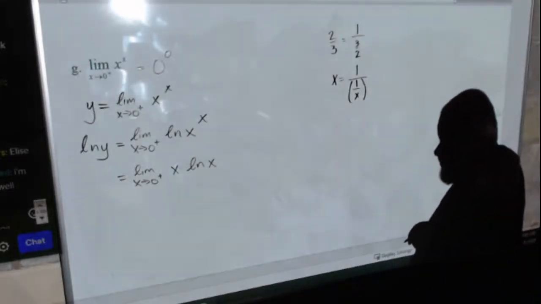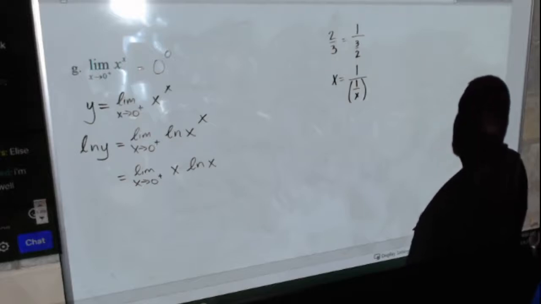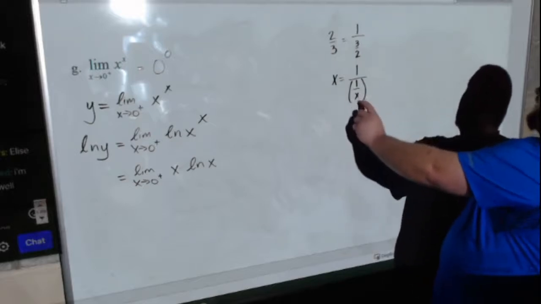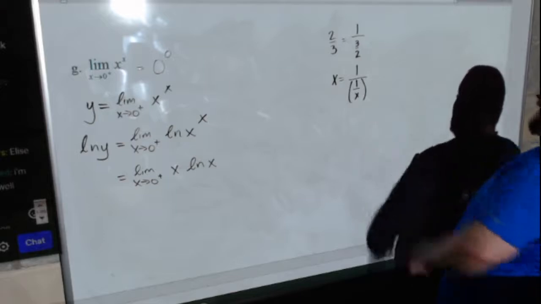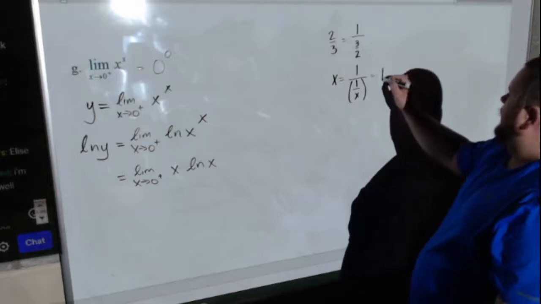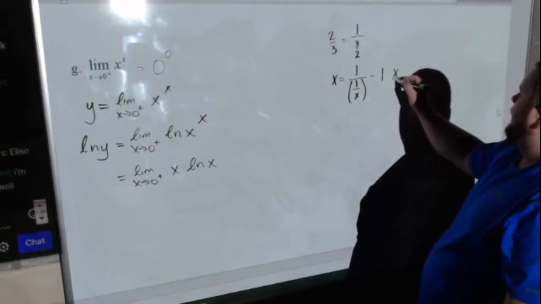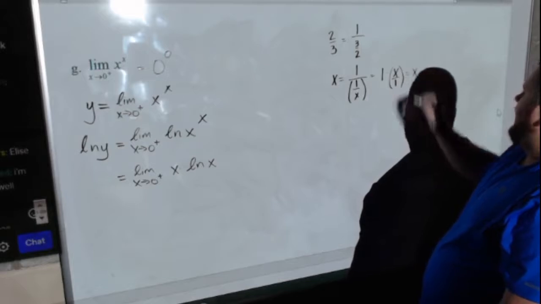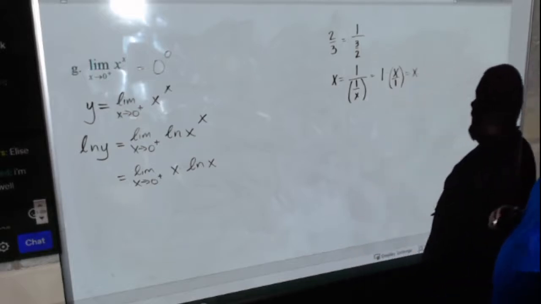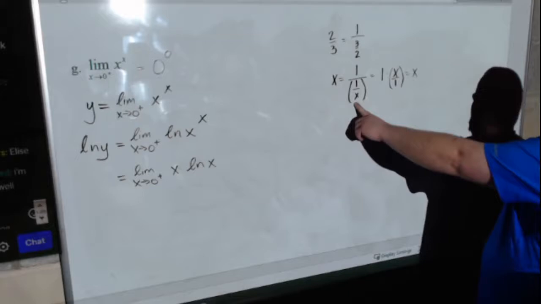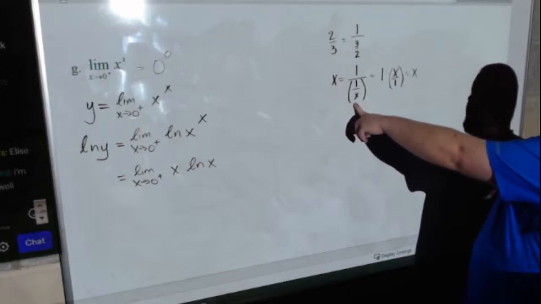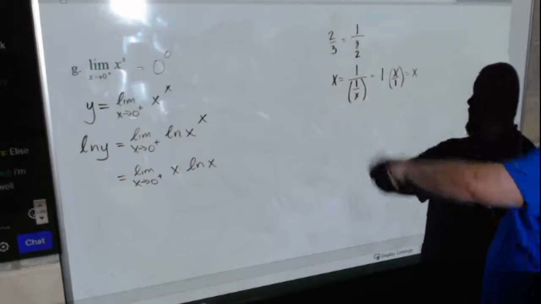That looks really strange, but think about it for a second. 1 over x, I would flip and multiply it, and I would just get x back. So this is, albeit a strange way, an effective way to rewrite x.